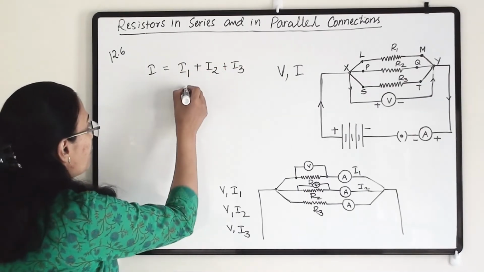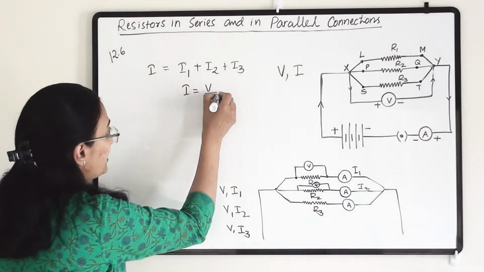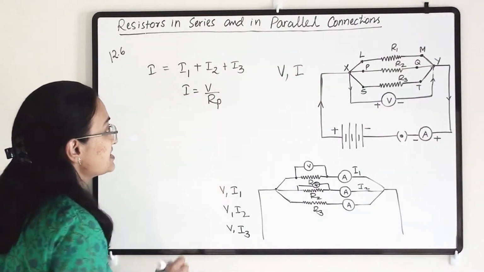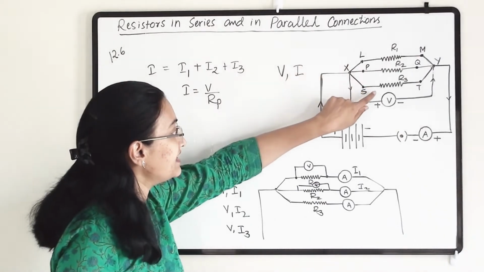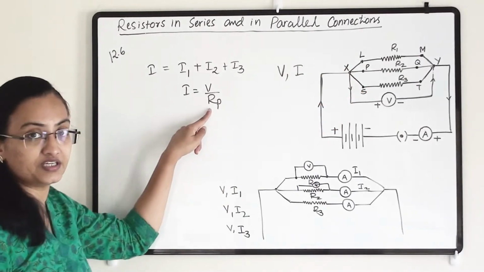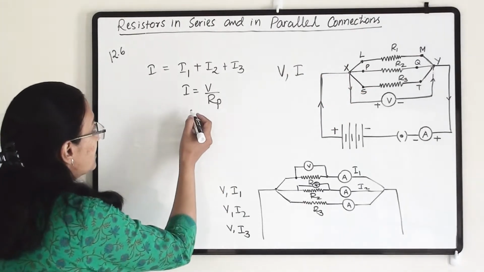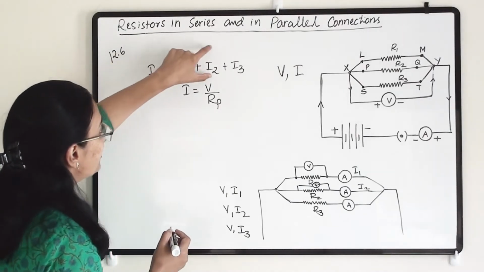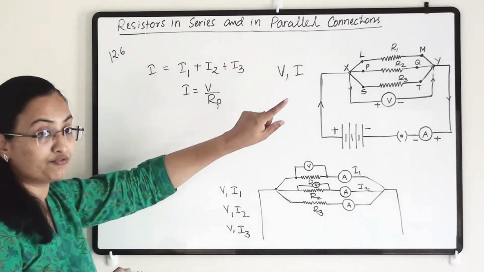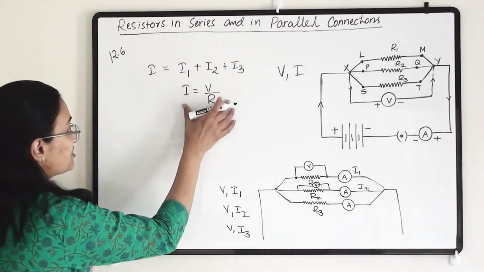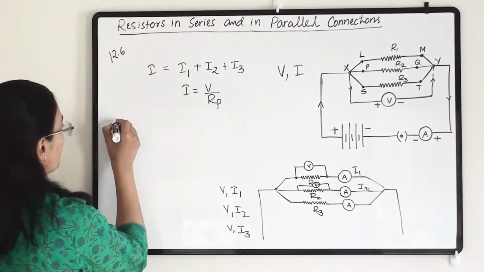Now as per Ohm's law, I equals V divided by Rp. Since these resistors are connected in parallel, I have written Rp here. We have three different current values and three different resistors, so let us frame this formula with respect to these values.